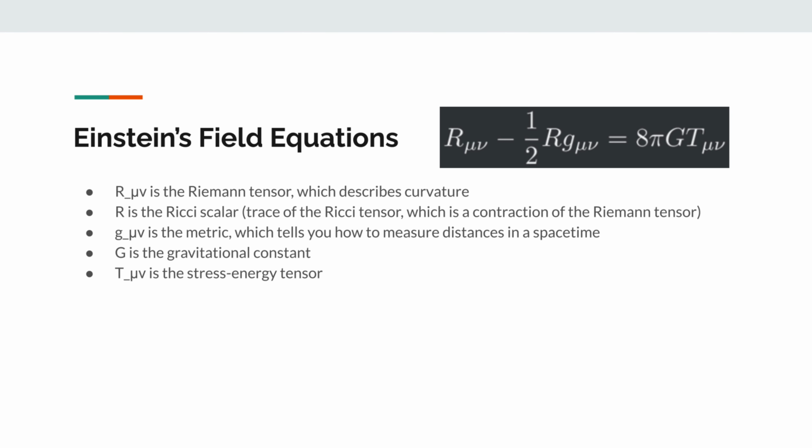G mu nu is the metric, which we said tells you how to measure distances in space-time. G is just the regular Newton's universal gravitational constant, and T mu nu is the stress energy tensor. So the left side of the equation with the Riemann tensor and the Ricci scalar and the metric, that is telling you about curvature. And the right side of the equation with the stress energy tensor is telling you about matter, which is what the quote from Carroll said. It tells us how the curvature of space-time interacts with the presence of matter.